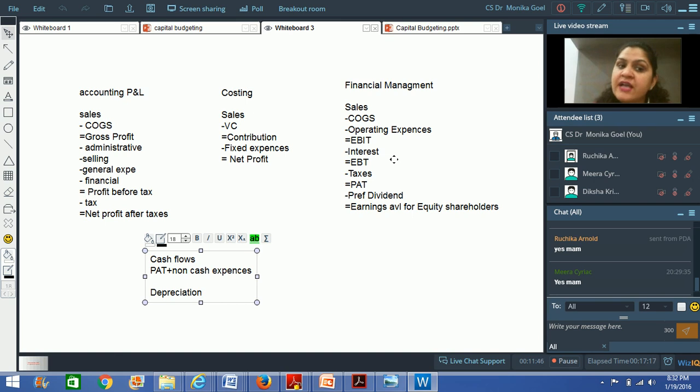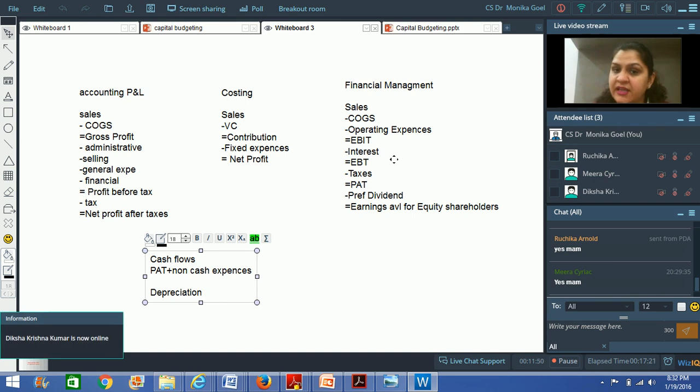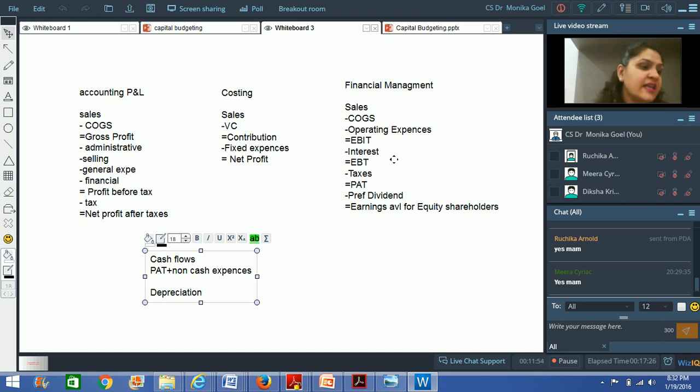I just create a reserve out of it and keep this money with myself. So as a person of finance, if this money is with me, it is a source of funds for me. I'm not supposed to give it to anybody, and I will utilize it in my way.